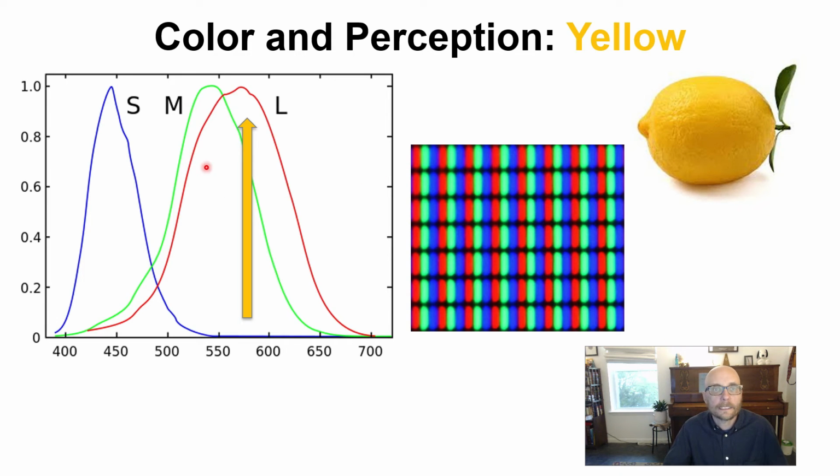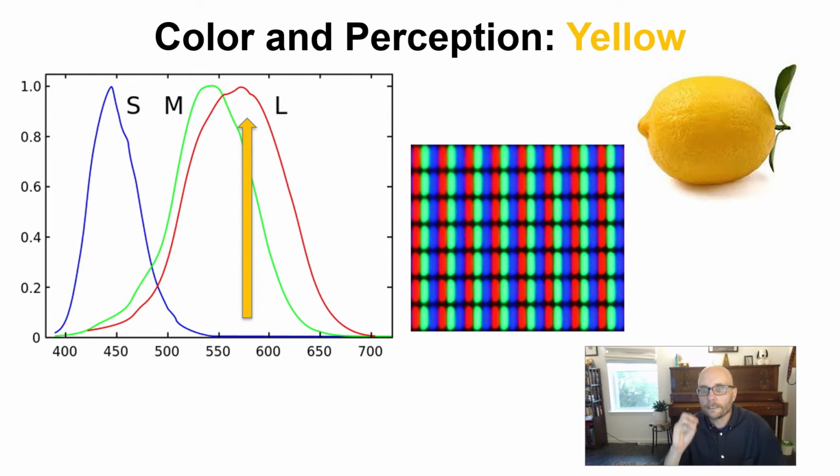Well, what is happening is, yellow actually falls on the spectrum somewhere around here. Remember, light is made up of wavelengths, and so red has a particular wavelength, green has a particular wavelength. Yellow kind of falls in the middle of red and green. So when you look at your screen and you look at this image of a lemon, you're actually seeing red and green pixels at a certain ratio.